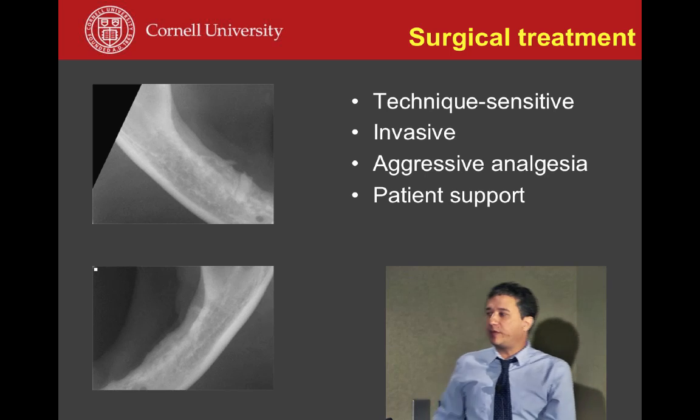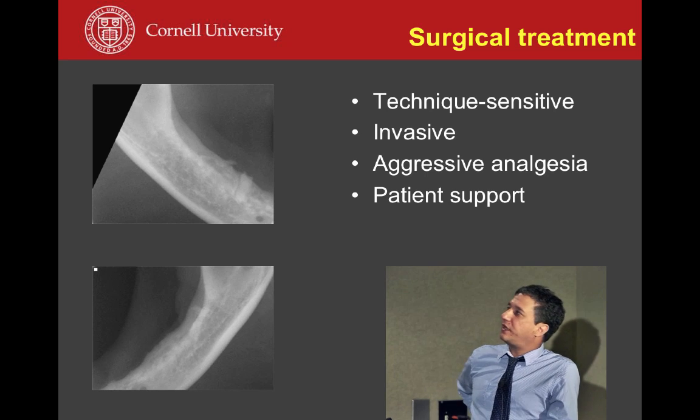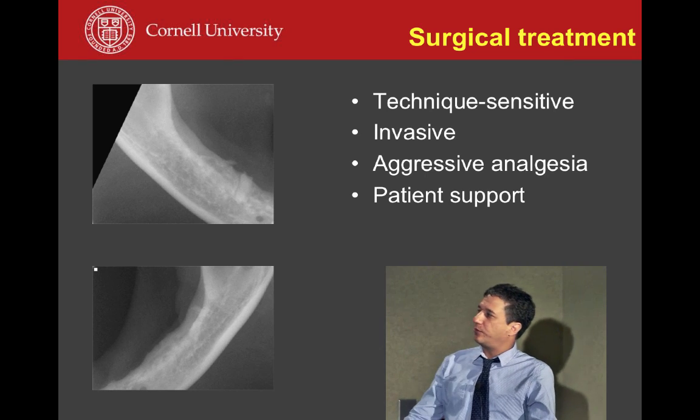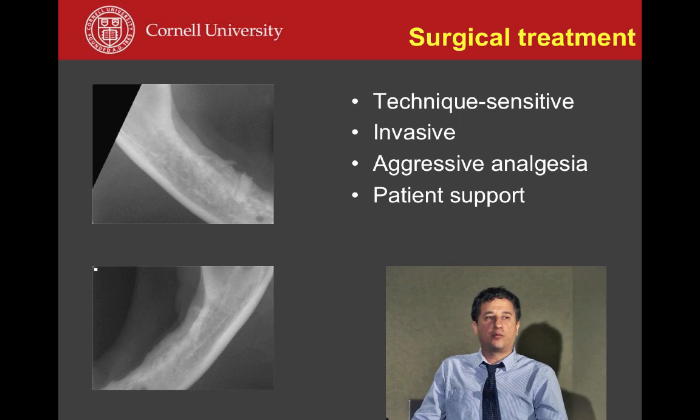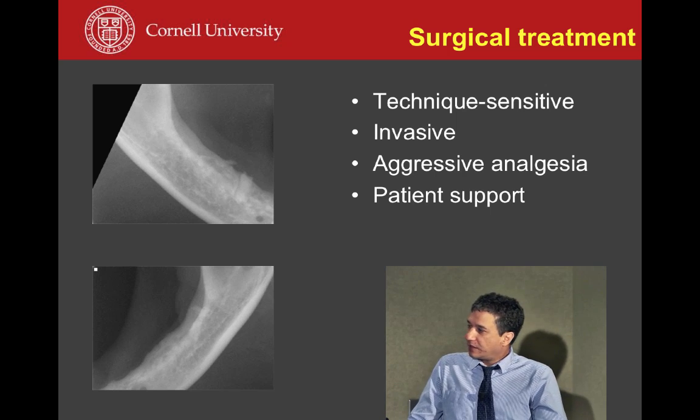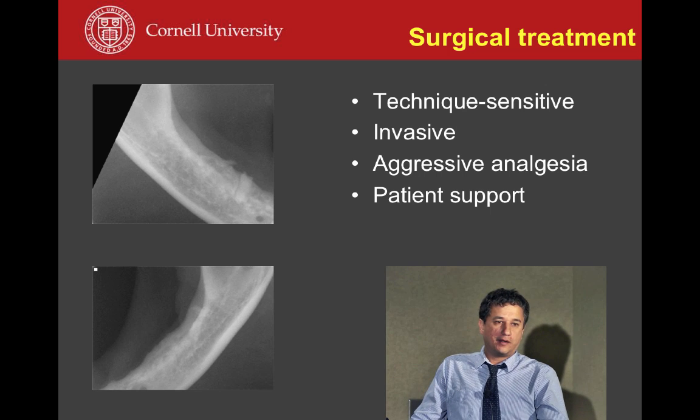Now, the surgical treatment has significant implications. The first one, and most important, I think, is that it's a very technique-sensitive approach, in the sense that the extractions have to be performed with impeccable technique.